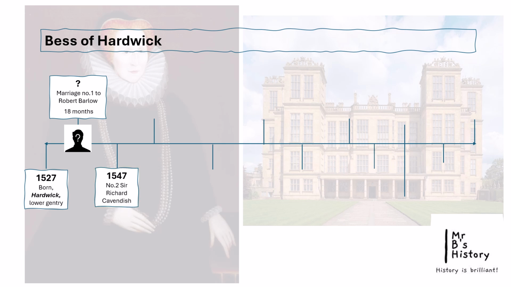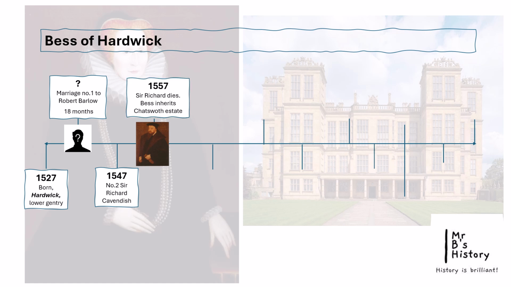No matter, husband number two, Richard Cavendish, comes along in 1547 when Bess is in her 20th year. Poor Richard Cavendish. 10 years later, in 1557, Sir Richard dies. As part of his will, she inherits the Chatsworth estate, which includes Hardwick.